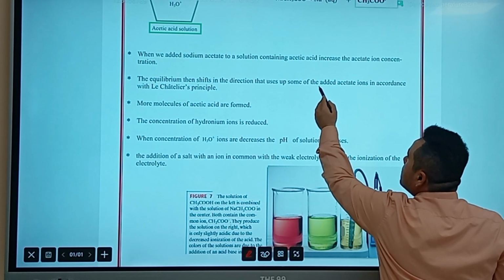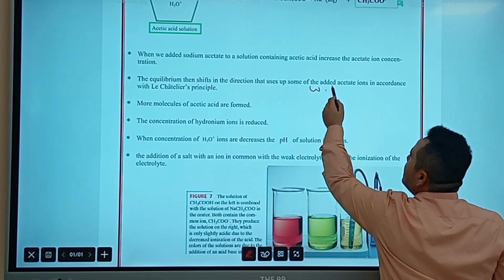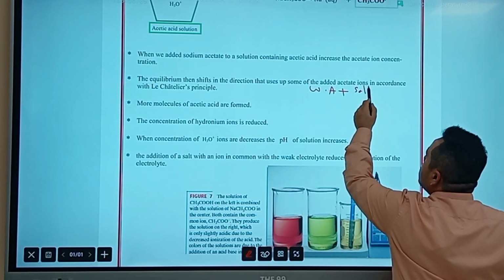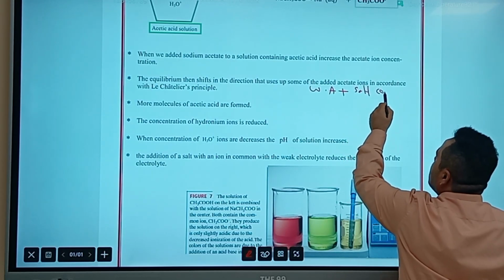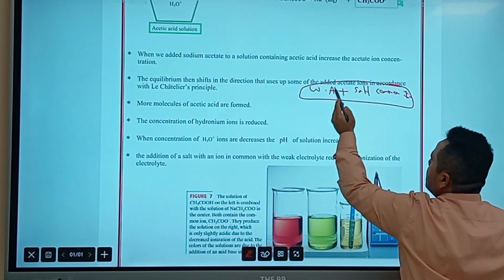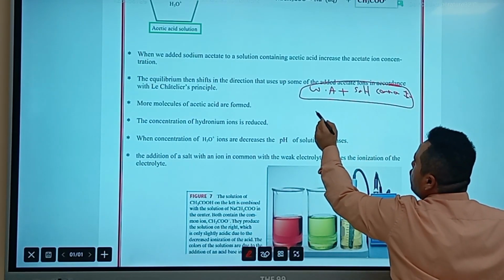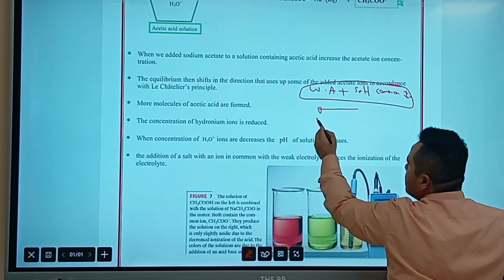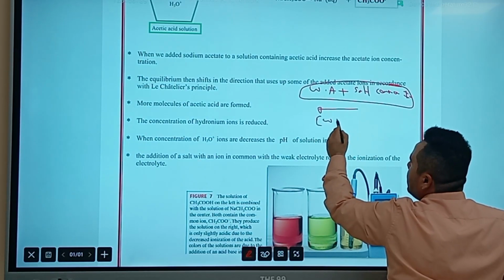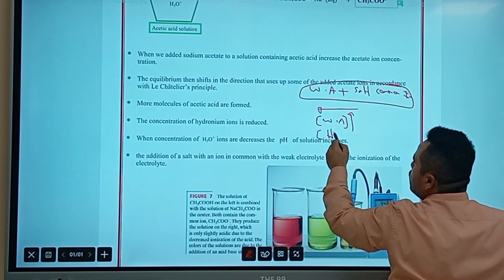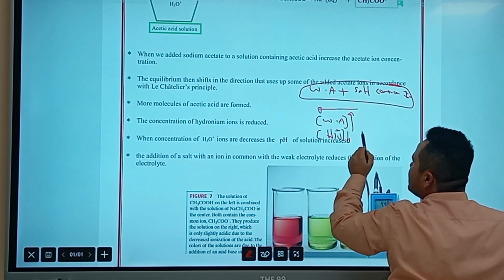Keep in mind, when a weak acid is added to a salt that has a common ion with the weak acid, the following will happen. The reverse is favored, so the concentration of the weak acid increases and the concentration of hydronium decreases.